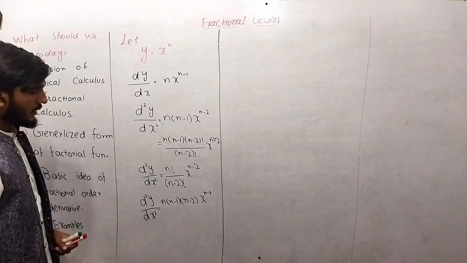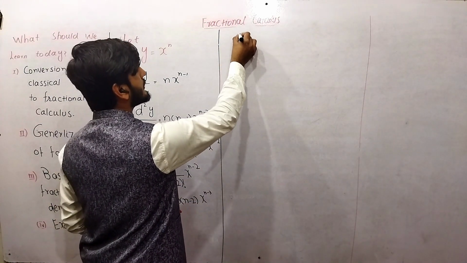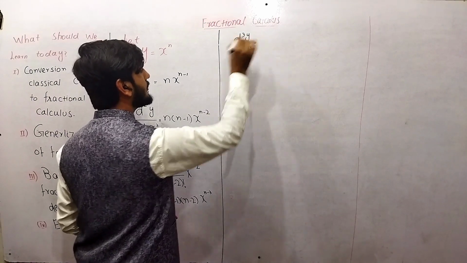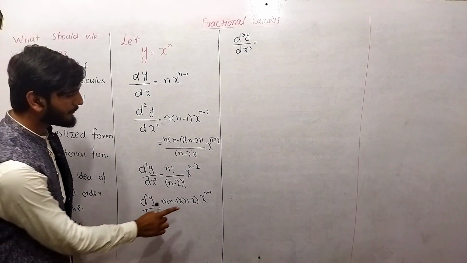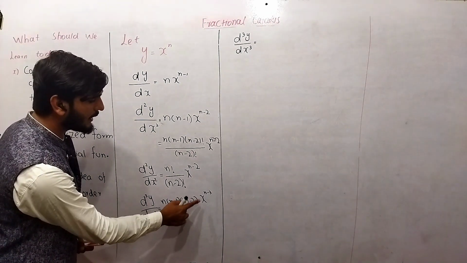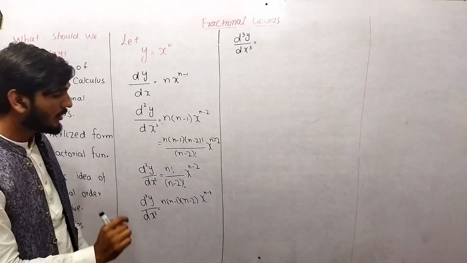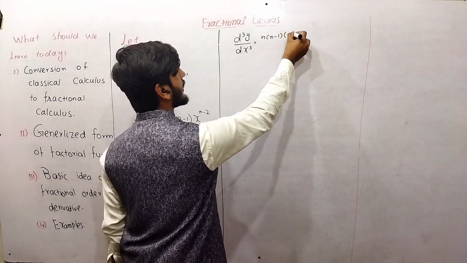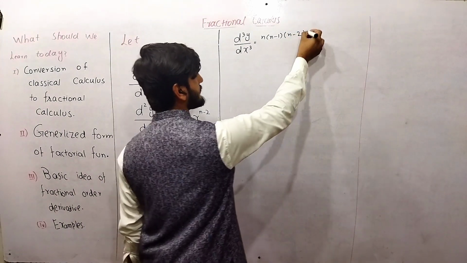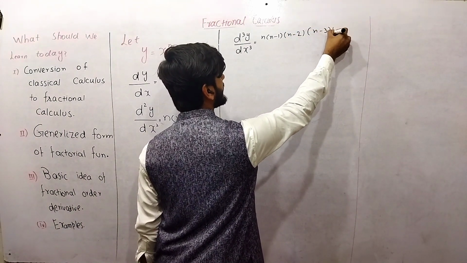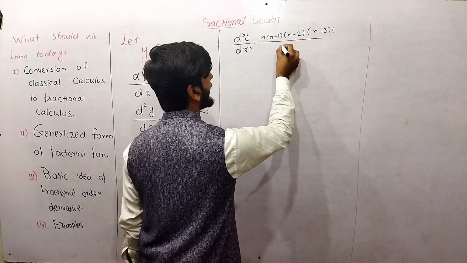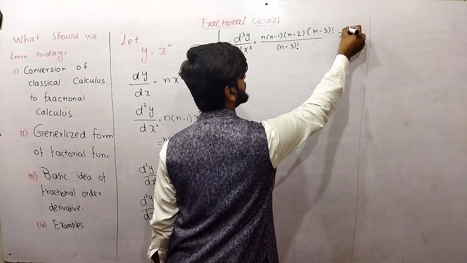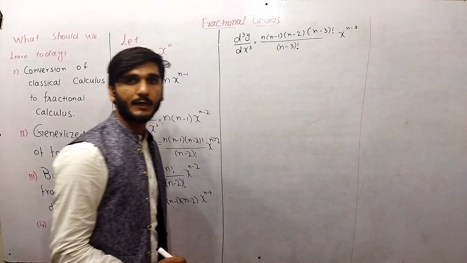Next, d3y over dx cube is equal to, if I multiply and divide by n minus 3 factorial, we get n into n minus 1 into n minus 2 into n minus 3 factorial over n minus 3 factorial into x raised to power n minus 3.